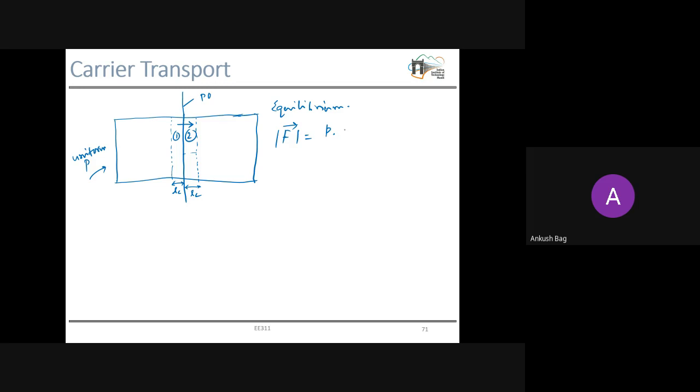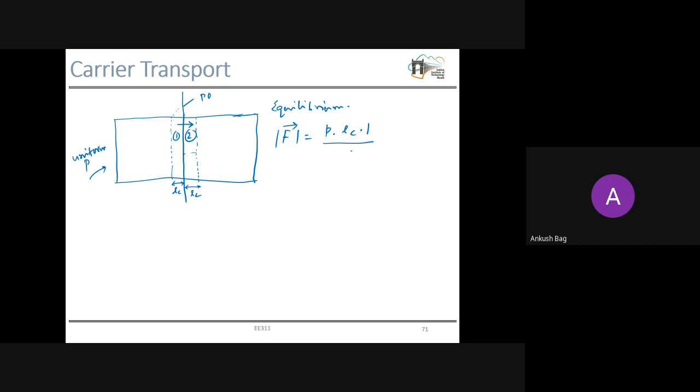So density times LC times 1 is the total number of carriers which will cross from 1 to 2 due to thermal energy, divided by the mean free time tau c, since flux is the total number of carriers crossing per unit time.